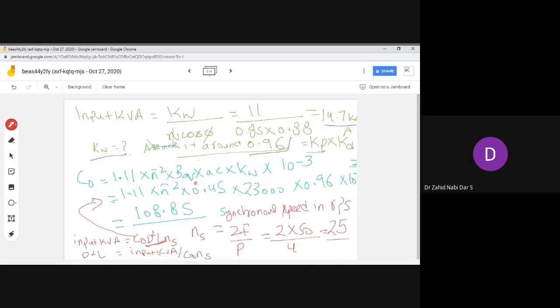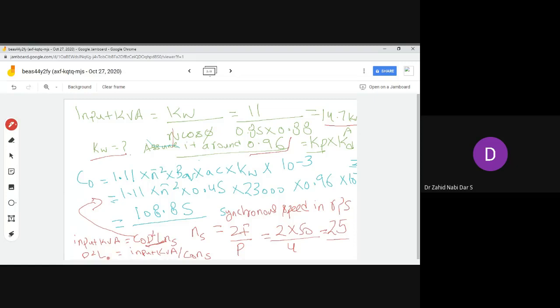BAV was given as 0.45, AC was given, kW was assumed, and we got the output coefficient 108.85. Synchronous speed in RPS, NS is equal to 2F by P, 2 into 50 by 4, is equal to 25.